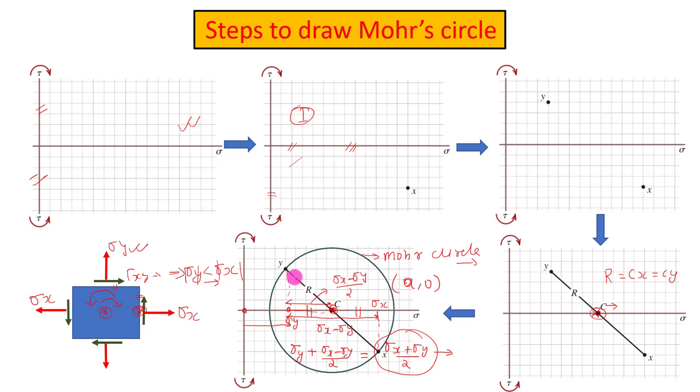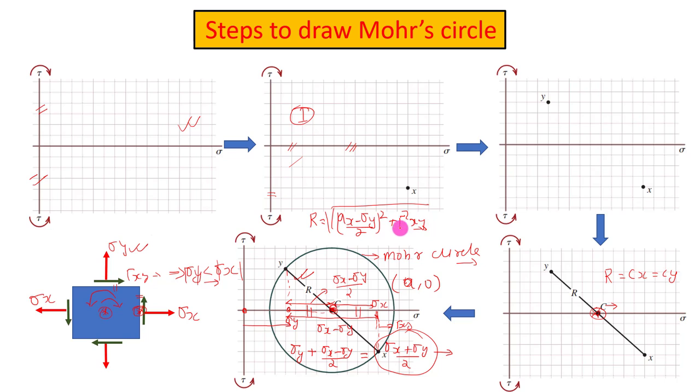Now if we also want to compute the radius, here we already know this value, that is equal to (sigma x minus sigma y) by 2. Now this vertical side will be your tau xy. Simply using the Pythagoras theorem, we get r equal to the square root of ((sigma x minus sigma y) by 2) squared plus tau xy squared.